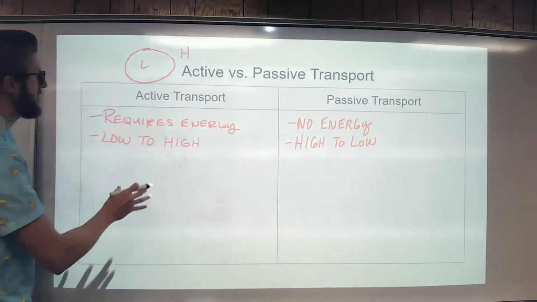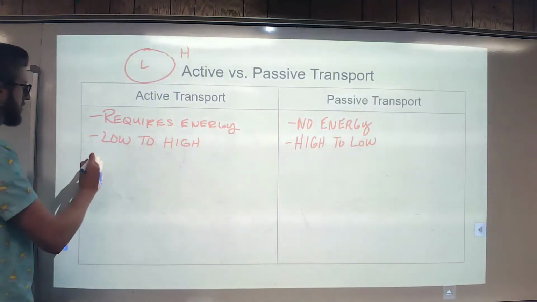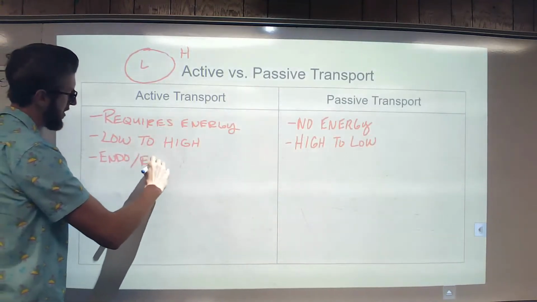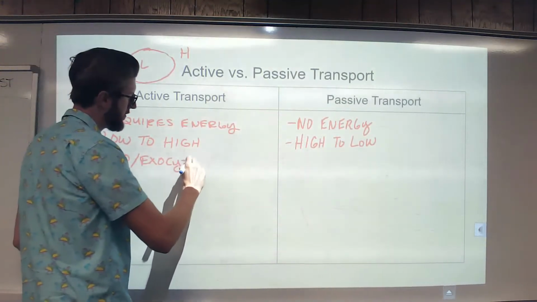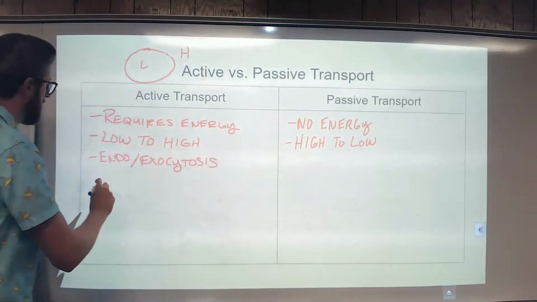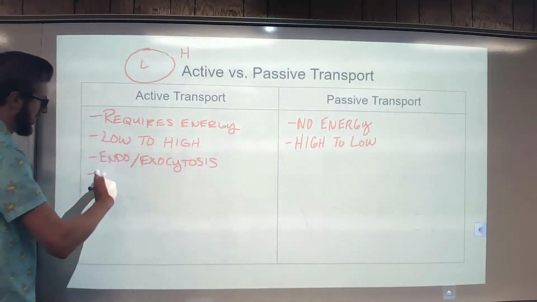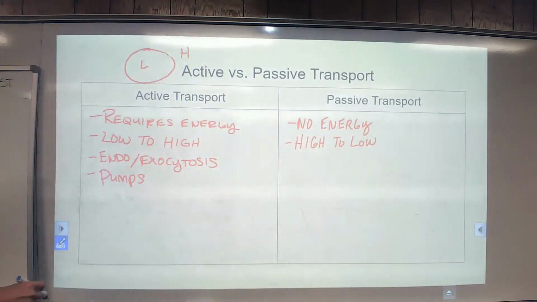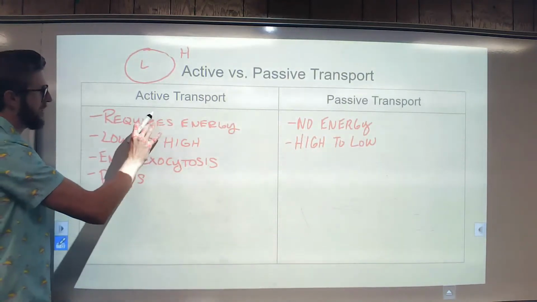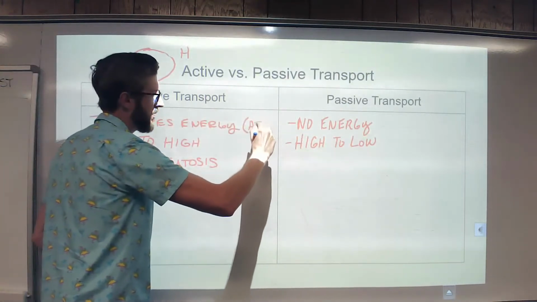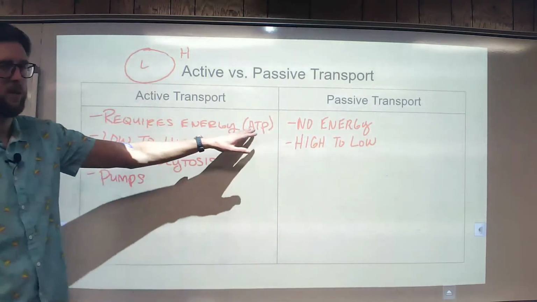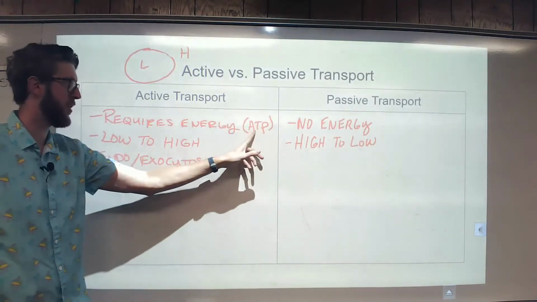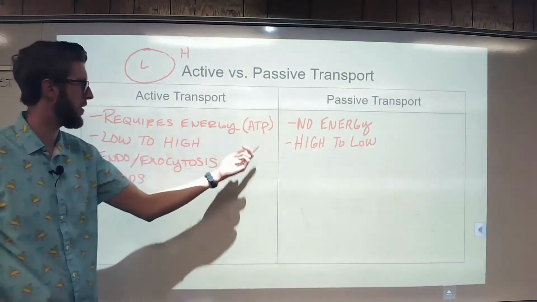So there are different kinds of active transport. There's what we call endo- and exocytosis. There are what we call pumps, and these require energy, which is ATP. Okay, so ATP is an energy molecule that you may not know what that is yet, but if you don't, just know that if your cell was a car, this would be its gasoline.